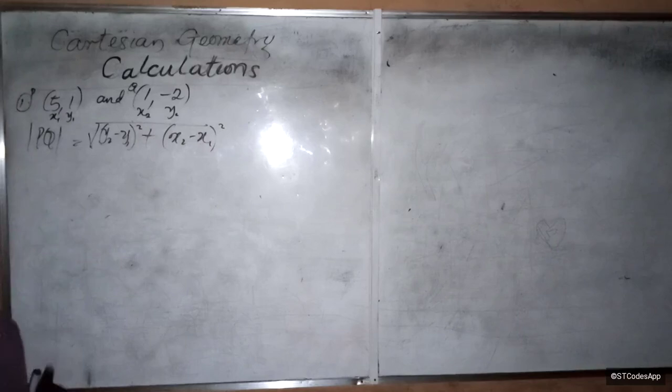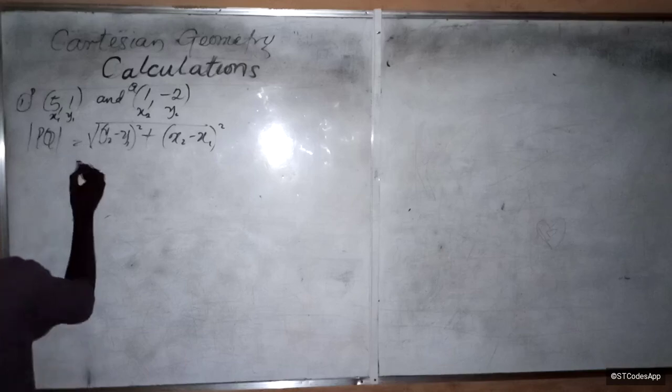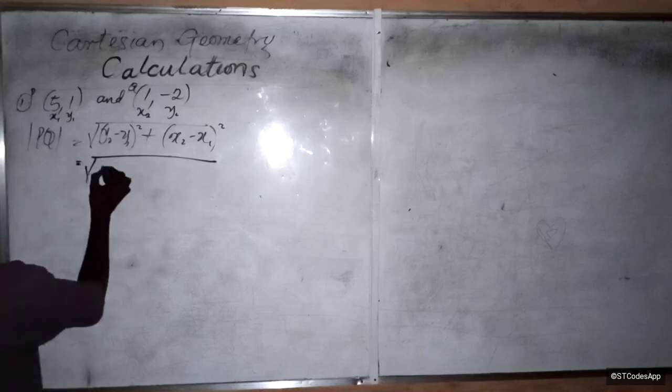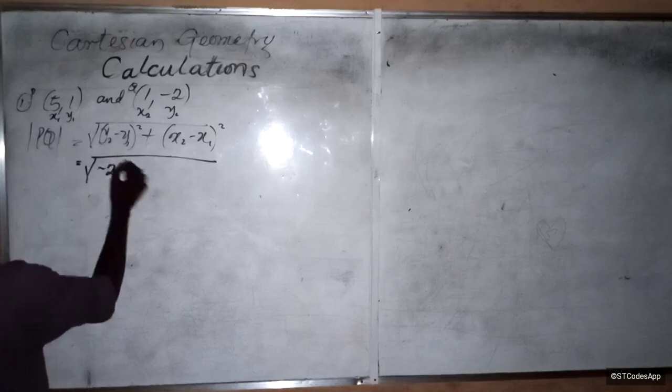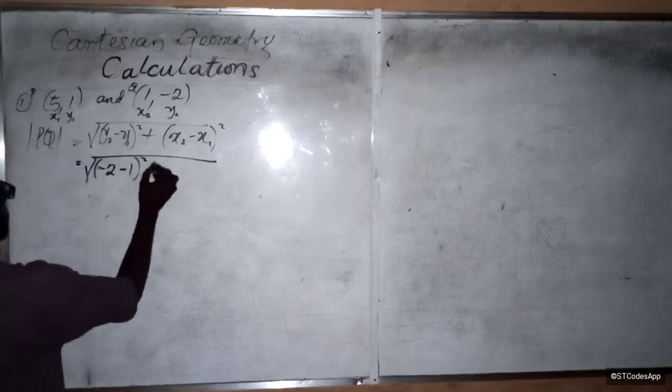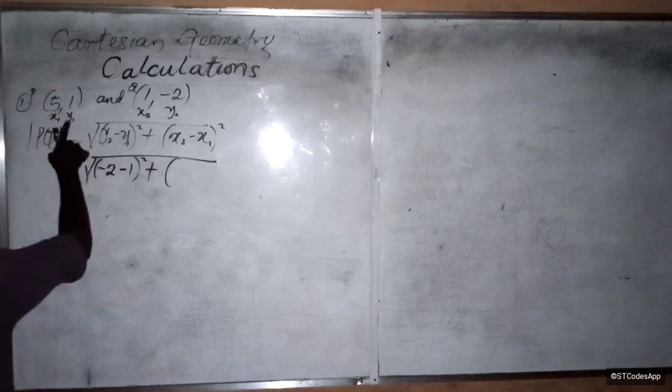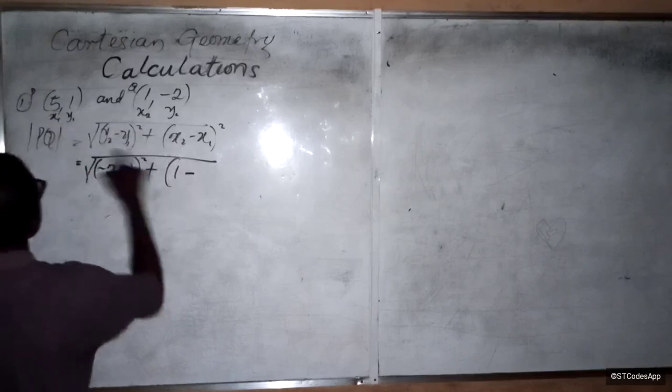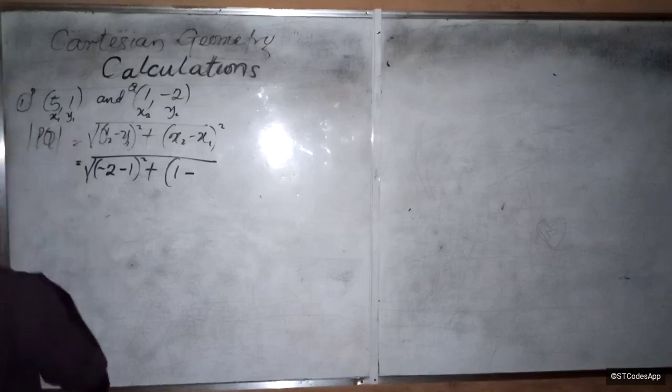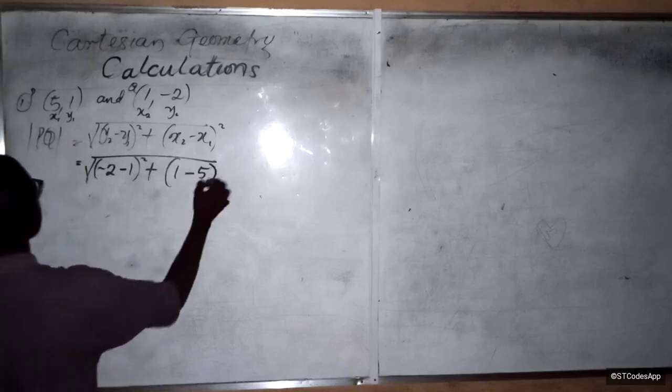So with this, what do we have? y2 is minus 2. So we have the square root of y2, which is minus 2, minus y1, which is 1, all squared, plus x2, 1 minus x1, which is 5, all squared.